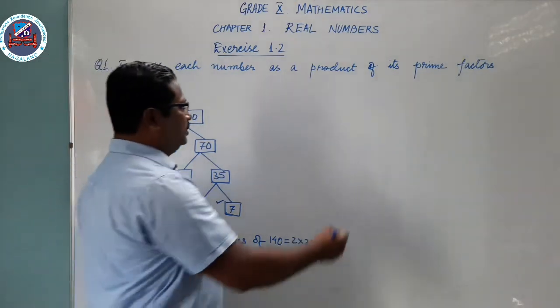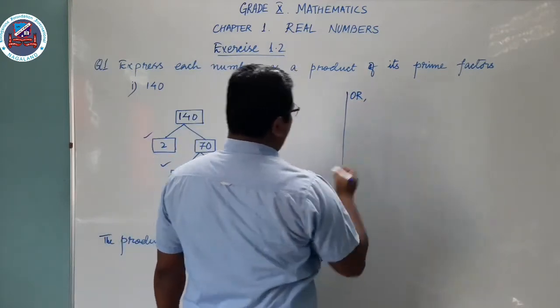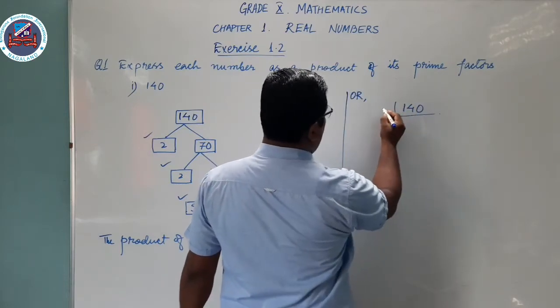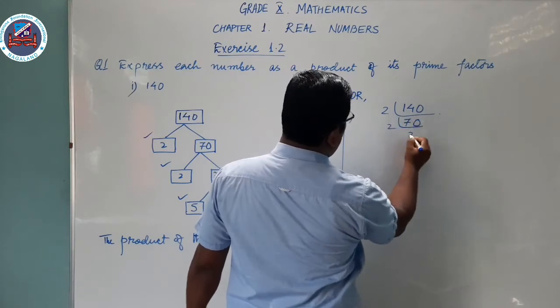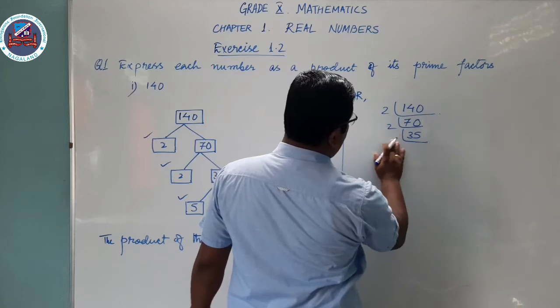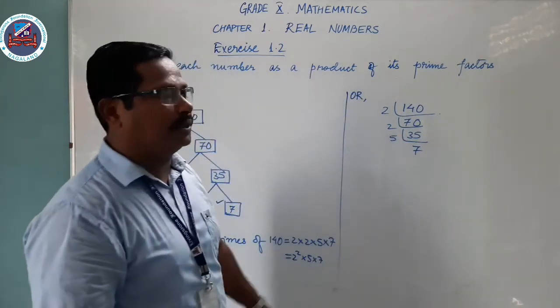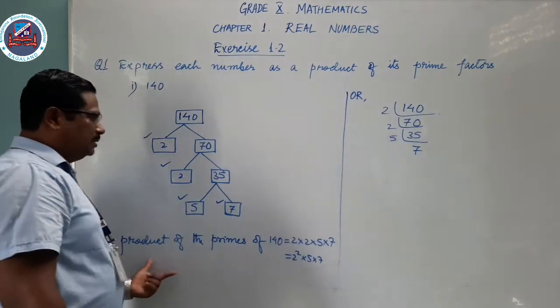Or you can even do it this way as well, an alternative way. 140 you can write down, then find out its factors this way. 2 sevens are 14, 2 thirty-fives are 70, 5 sevens are 35. Like this also you can find out the product of their primes. Then you can write down the answer.